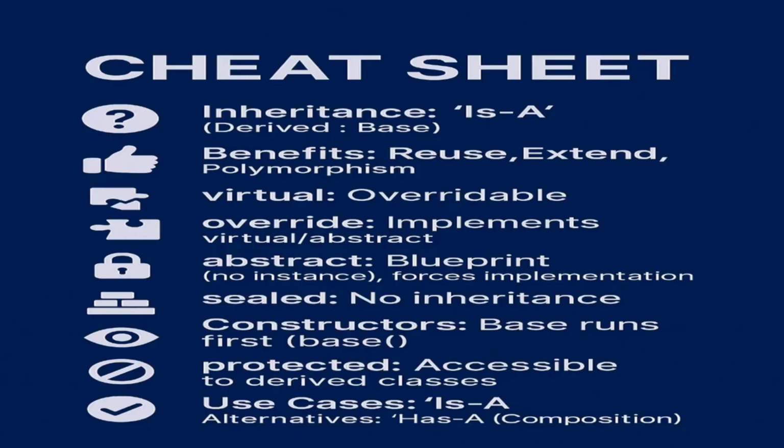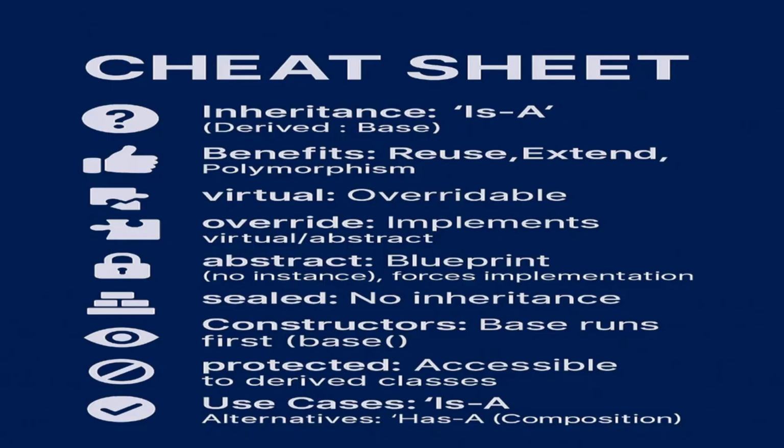You cannot have an instance object of an abstract class, and it forces the implementation in the child or derived class. Sealed is the final design. You don't want any changes in that class, and that is where you should be using sealed.